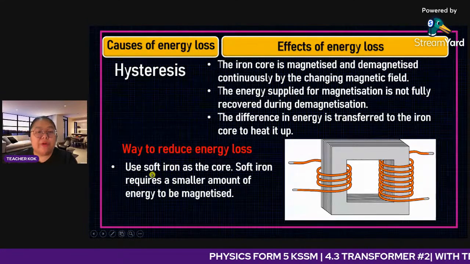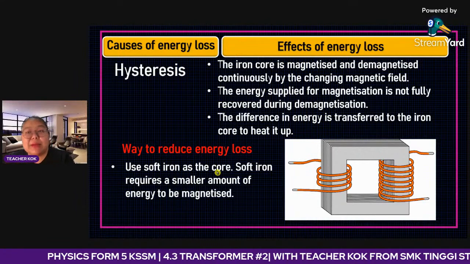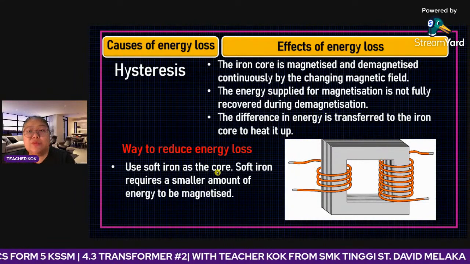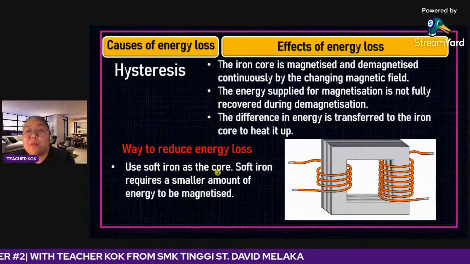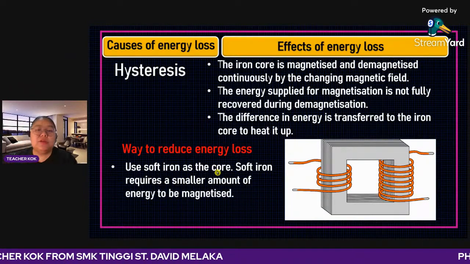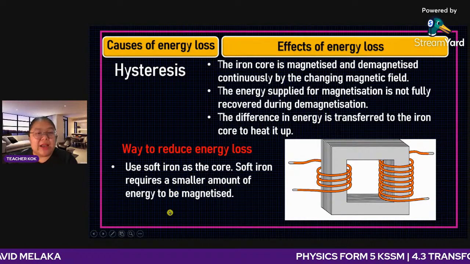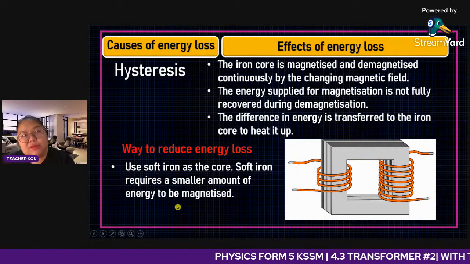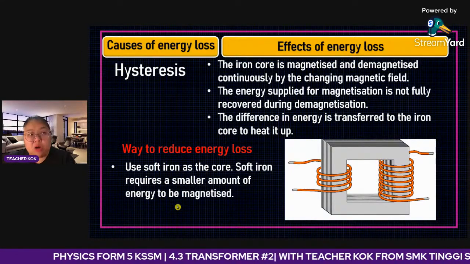So we use soft iron core. Soft iron core magnetizes and demagnetizes very fast. So they don't need to give off so much heat. Soft iron requires a very small amount of energy to magnetize. So this is a way to reduce energy loss.